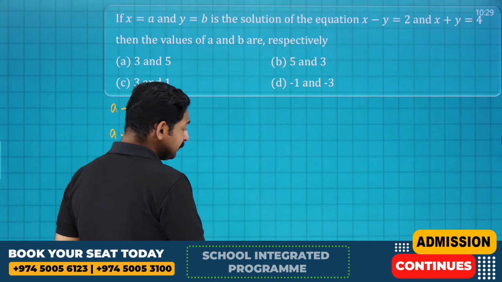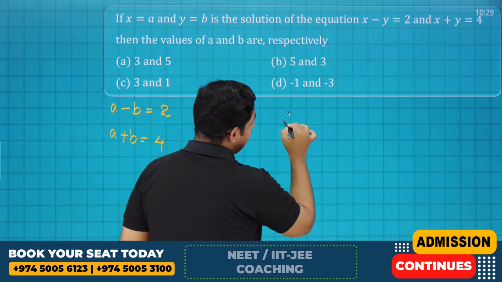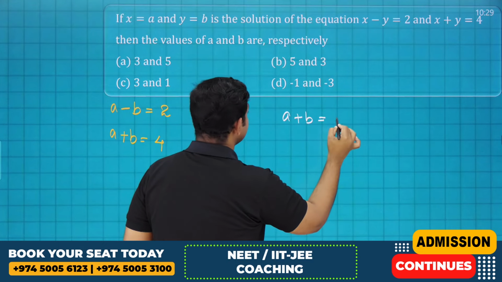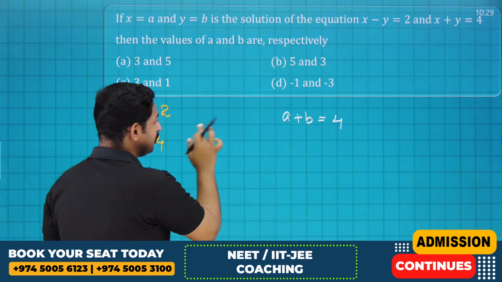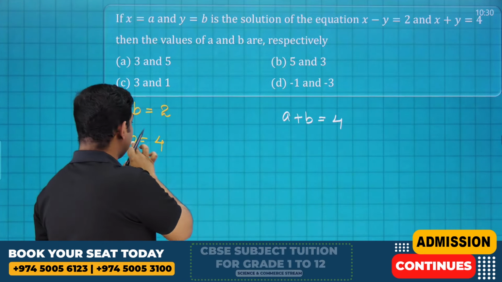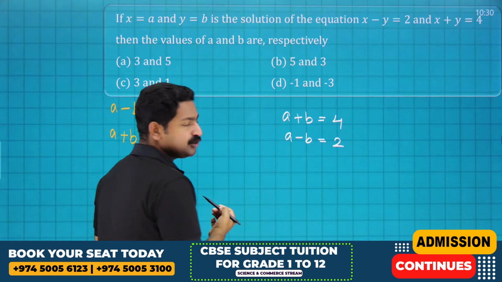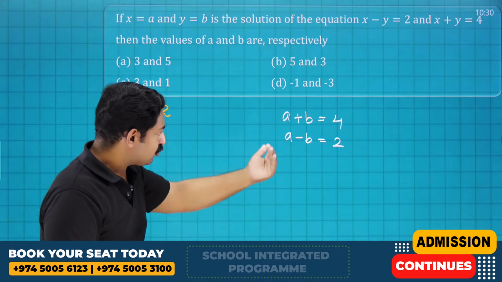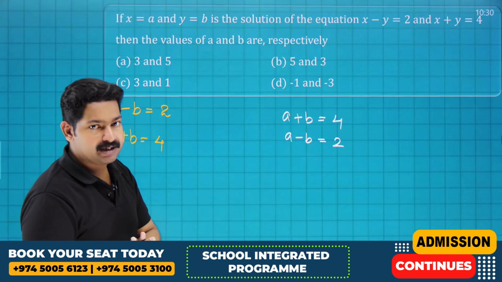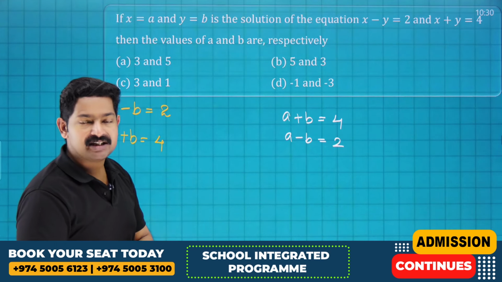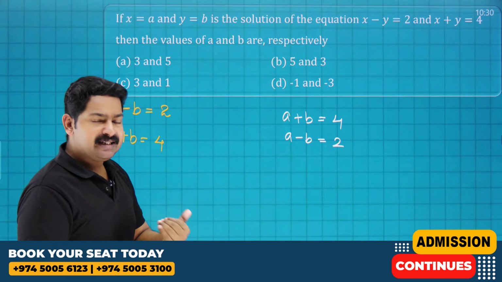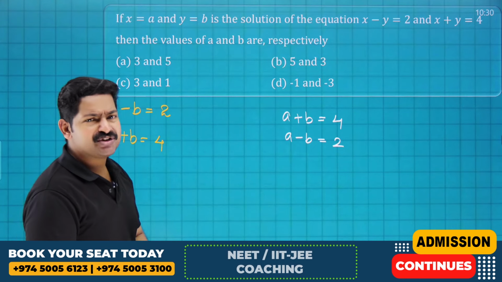So suppose I am writing these two equations, A plus B is equal to 4 first, and A minus B is equal to 2. Normally you can solve it by any method, substitution or elimination, and you will be getting the values of A and B. But for MCQ there is an easy trick we can use.